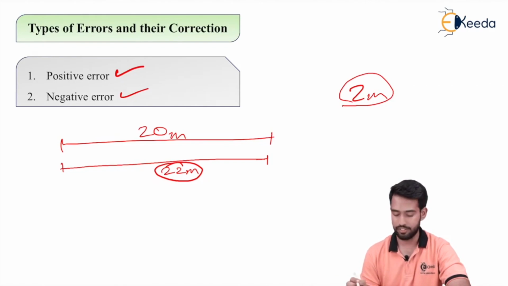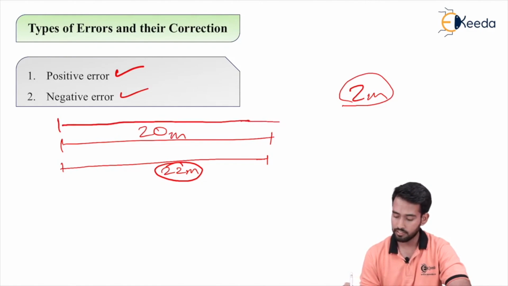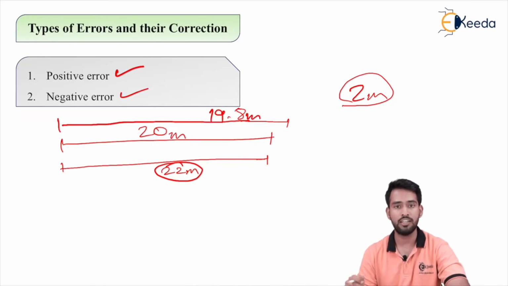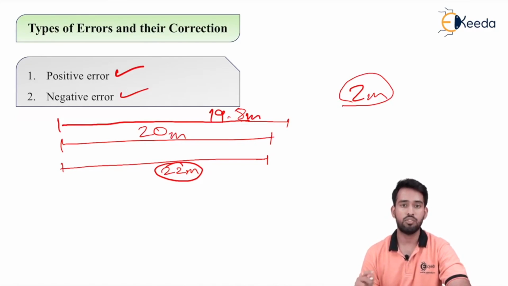Now what is negative error? While measuring 20 meters, we actually find 19.8 meters. Now what happened in this case? The chain was the same, but because of excessive use and continuous pulling, the chain got expanded, or when it was used, the temperature was high before it was calibrated.